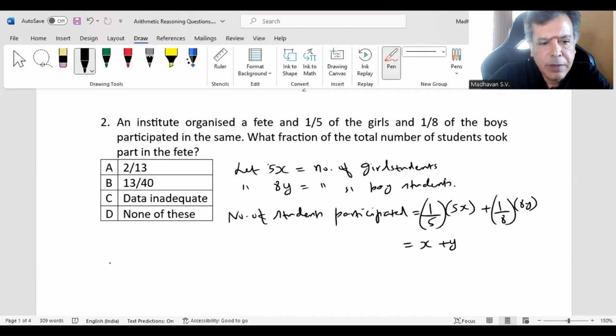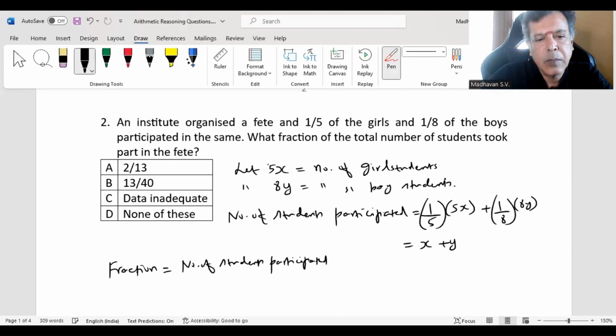The fraction we are going to find will be the number of students participated divided by the total number of students. The number of students participated will be x plus y.